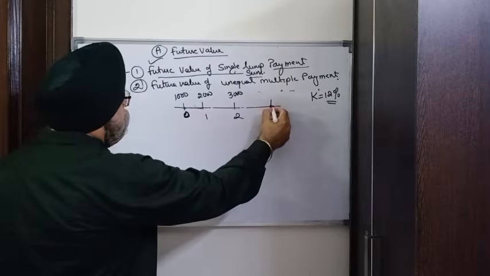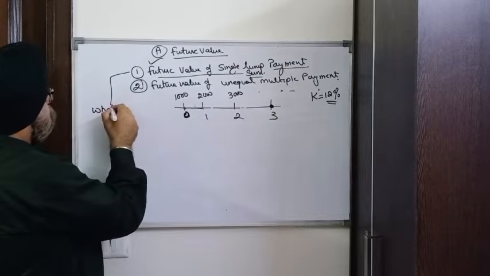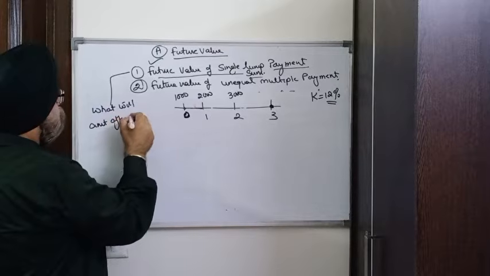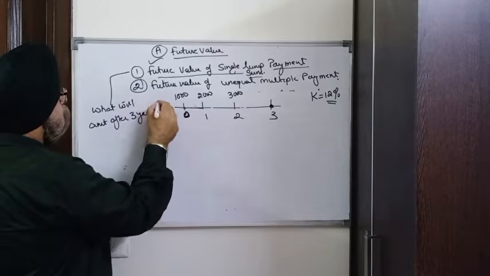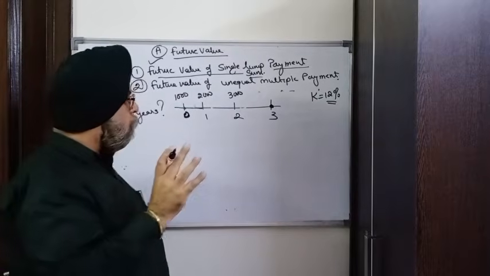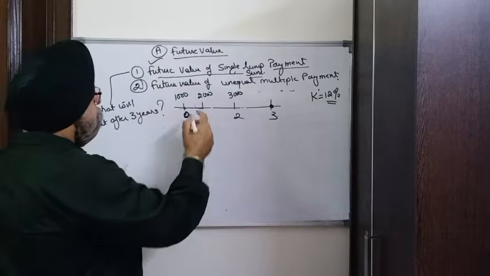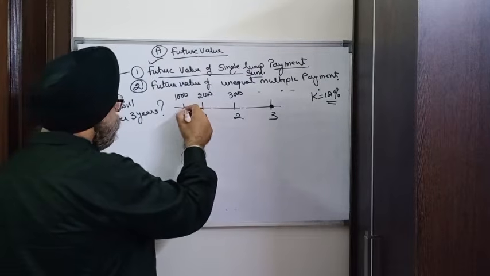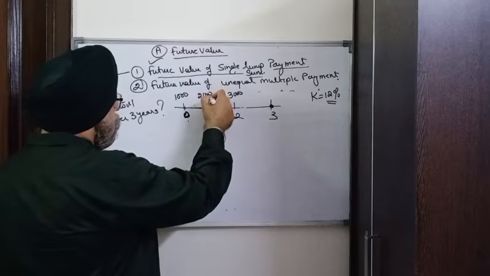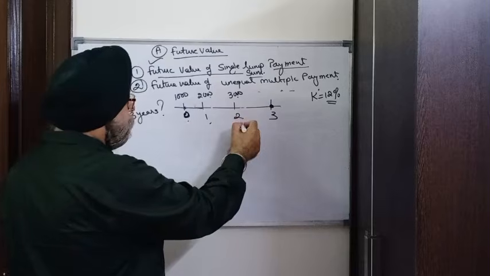Now we have to calculate what will be the amount after 3 years. First of all, we have to see what we are planning to calculate. We are going into the future, so it is a future value. So what will be the amount if I invest 1,000 rupees in the beginning of first year, 2,000 rupees in the beginning of second year, and 3,000 rupees in the beginning of third year?